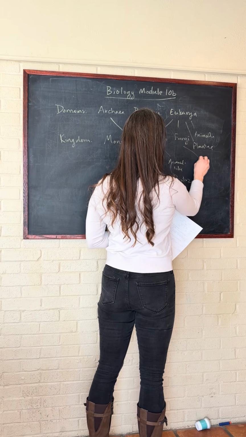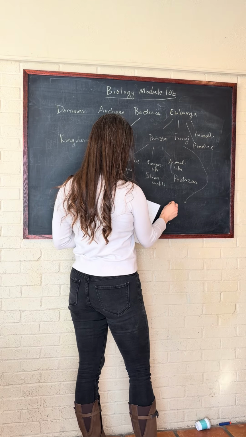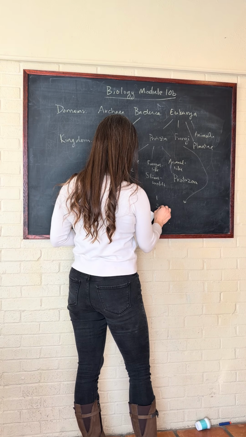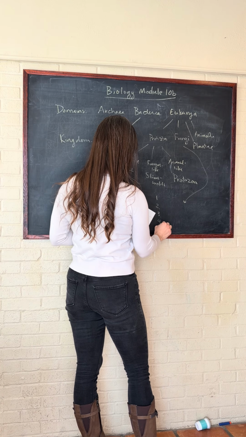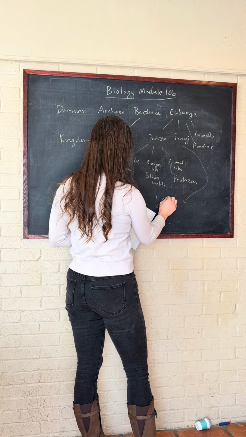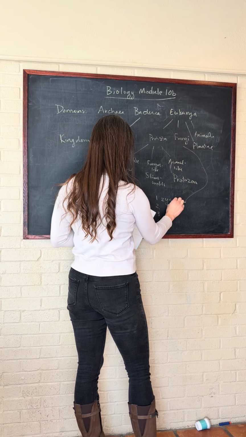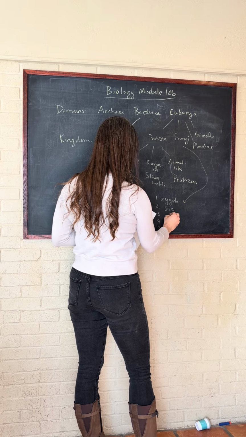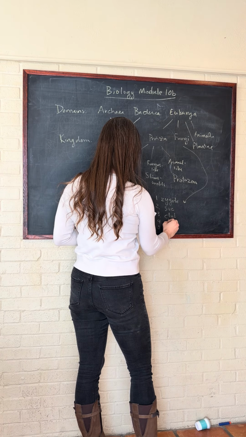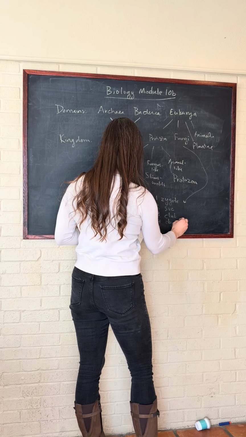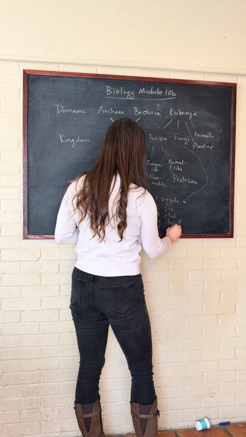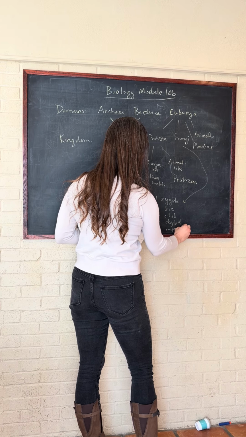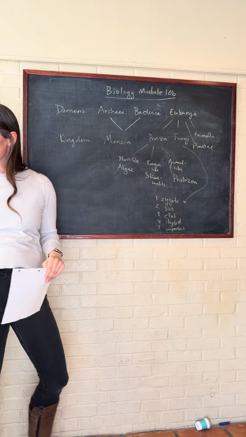Now, in kingdom fungi, we have 5 subcategories. We have zygote fungi. We have sac fungi. We have club fungi, chytrid fungi, and imperfect fungi, which basically is we don't know what they are or where they fit, so we're just going to call them imperfect.